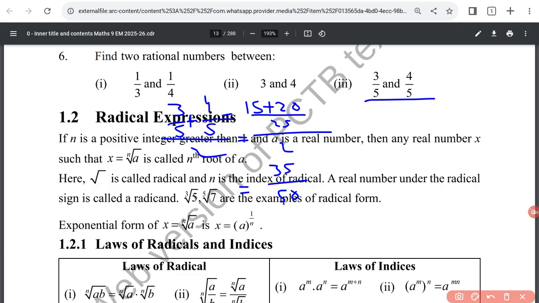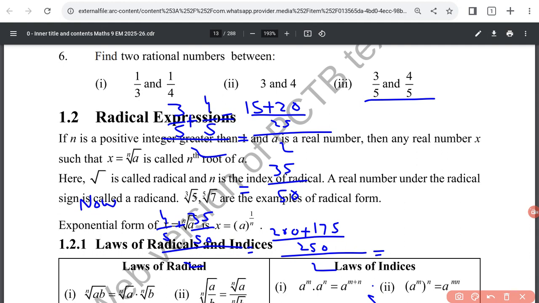Now we try to find the next number. Then we need to take the average of 4 over 5 and 35 over 50, over 2. 50 times 4 is equal to 200 plus 35 times 5, that is equal to 175, over 50 times 5. 50 times 5 is equal to 250, over 2 again.